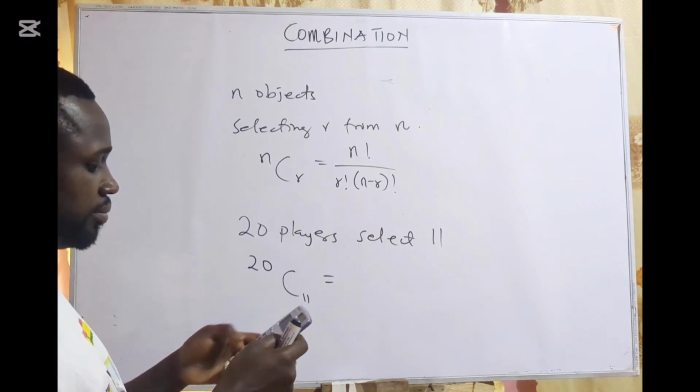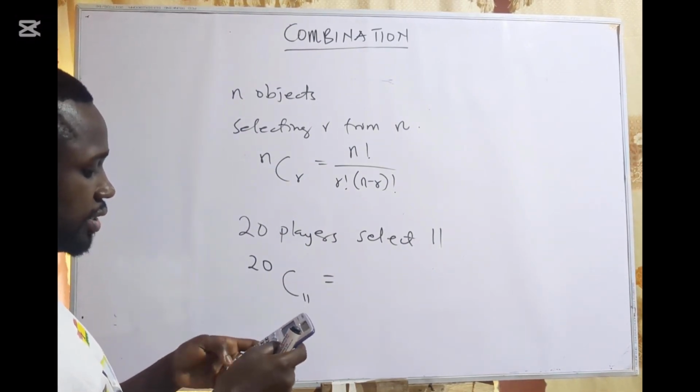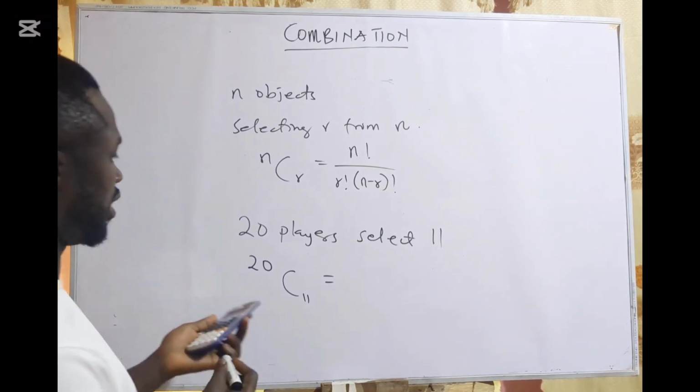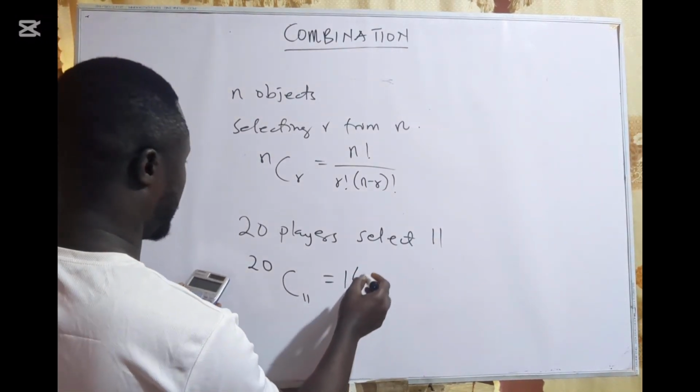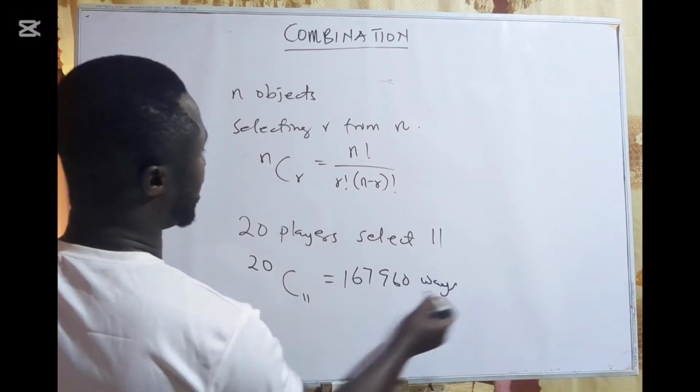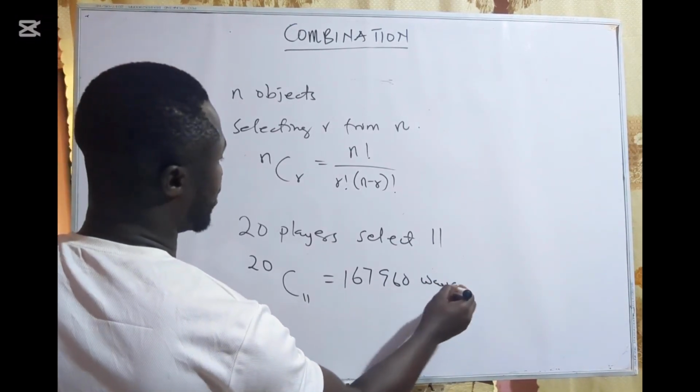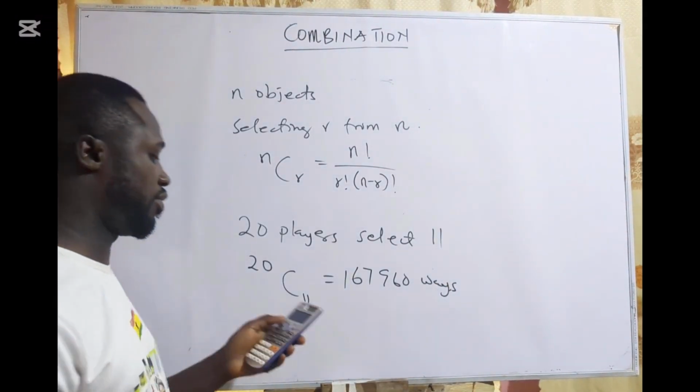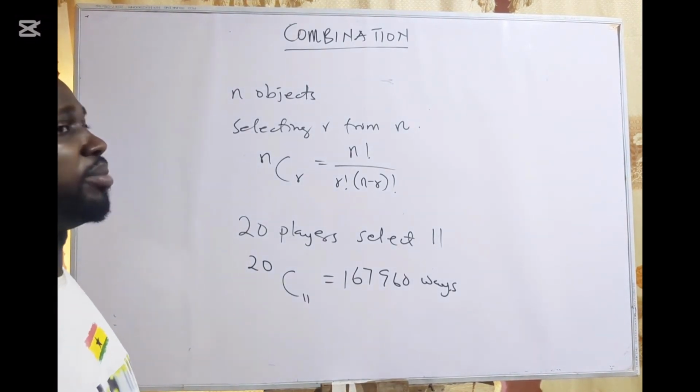So 20 combination 11 will give us 167,960 ways. These are the number of ways that you can select 11 players from 20 players.